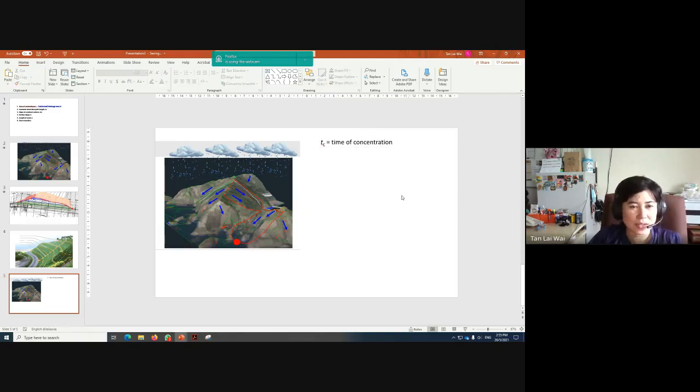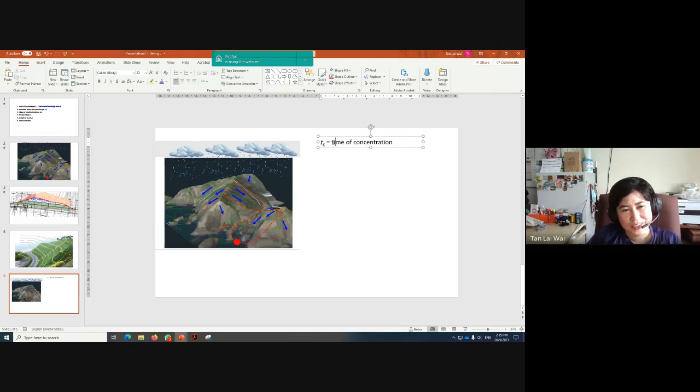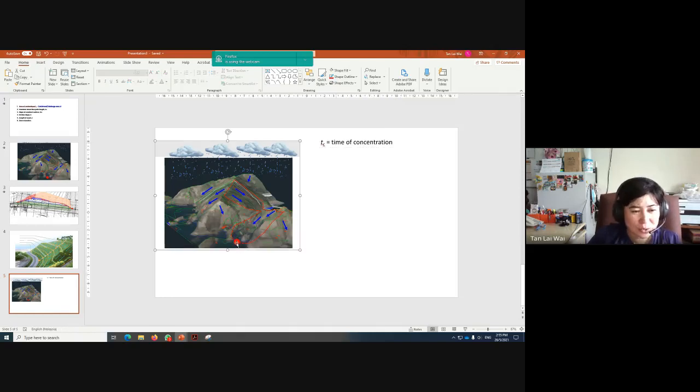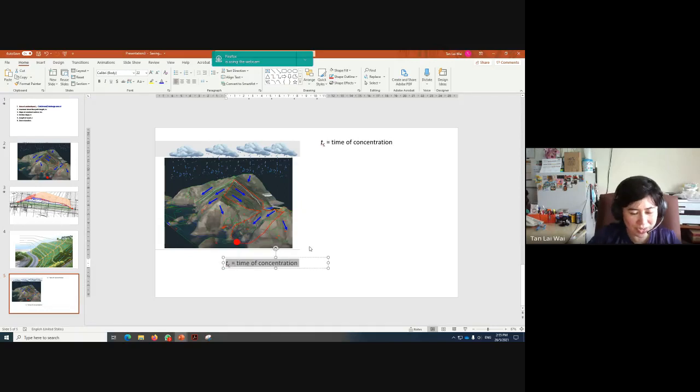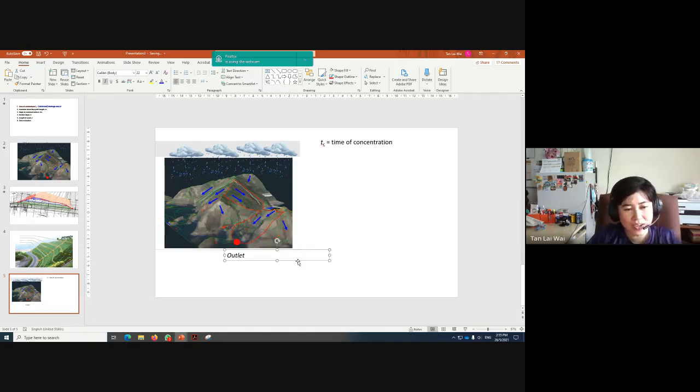The word says time of concentrate. That means the time needed for the flow to concentrate. Now, to concentrate on what? Here we consider the outlet. This would be the outlet. Time for all the flow to concentrate at the outlet. So we need to find the time.